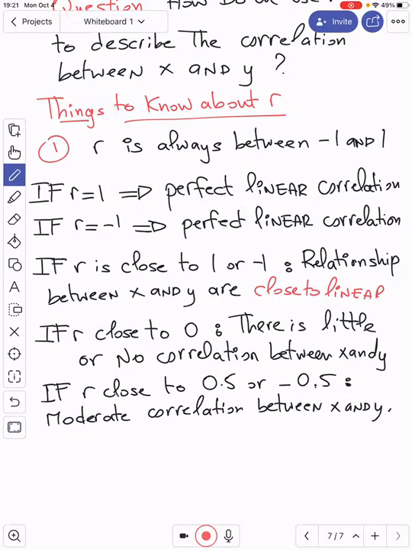Now, the sign of R. If R is positive, then we have a positive correlation.